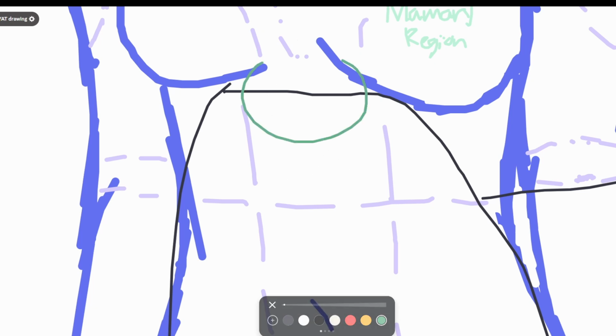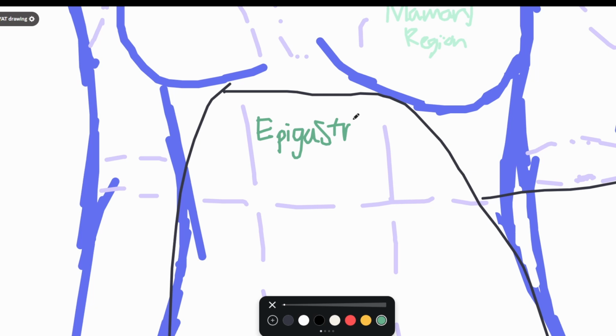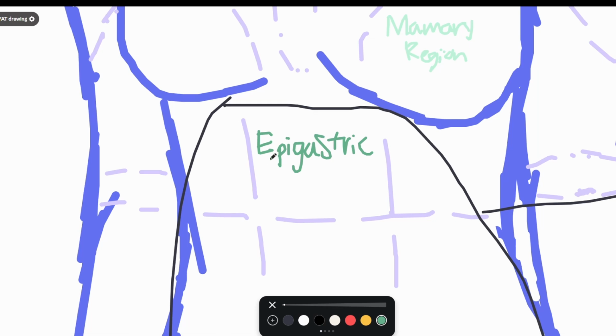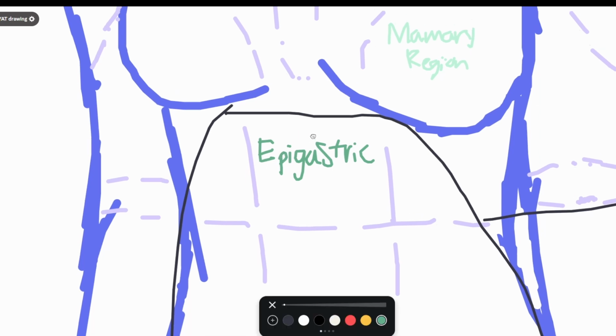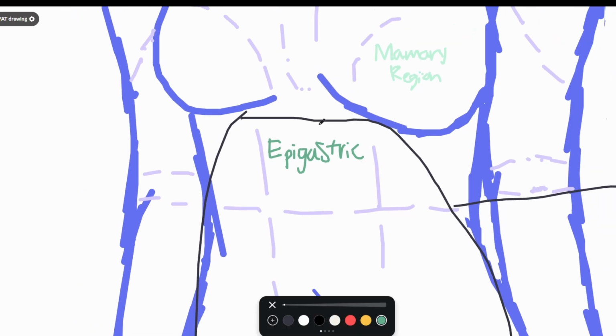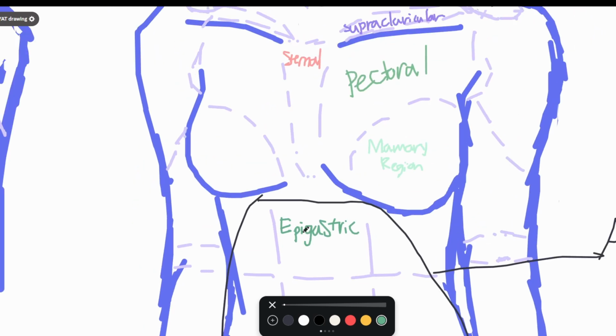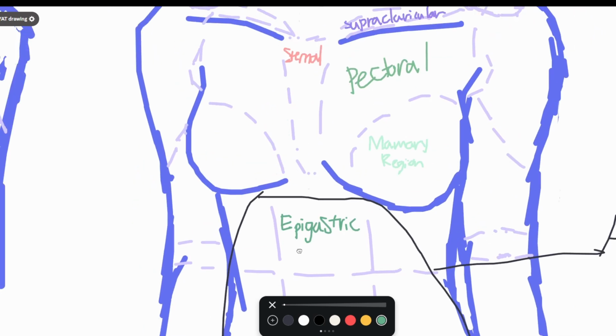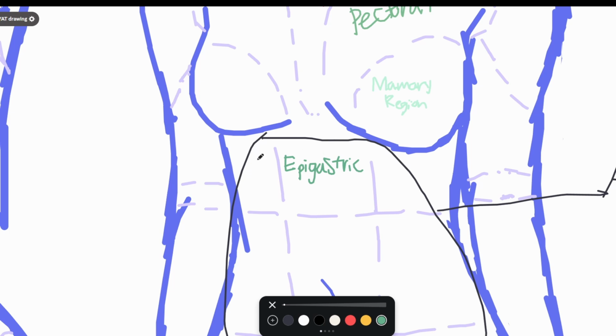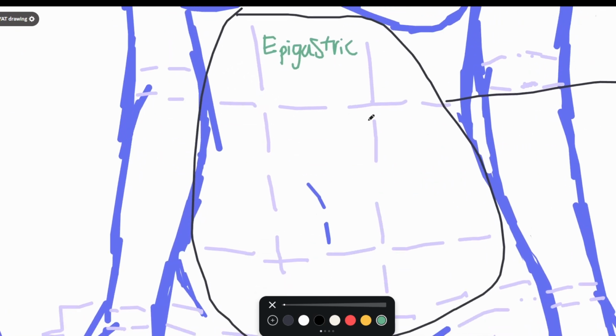This is kind of like the region where your stomach is, and so obviously it's named epigastric region, right? Because epi kind of refers to above. I guess technically it's not like way above the stomach, because I think that'd be near the sternal area. But it is the area where the stomach kind of resides. So don't think too hard about it.